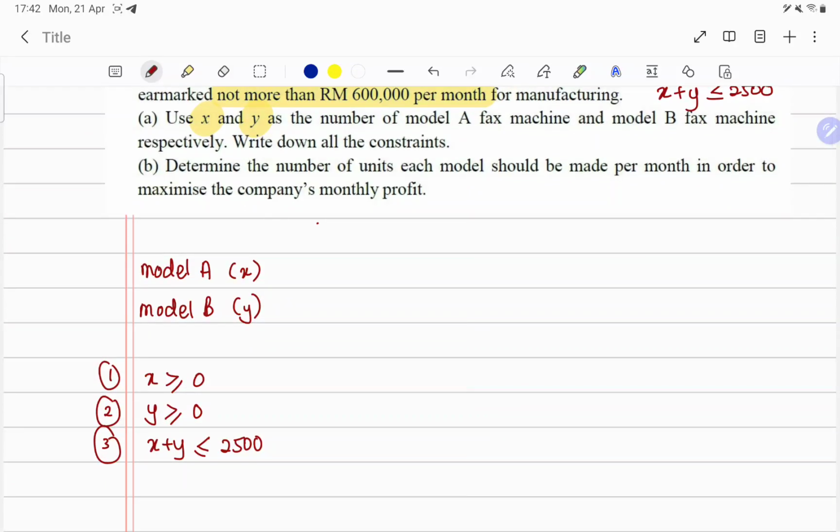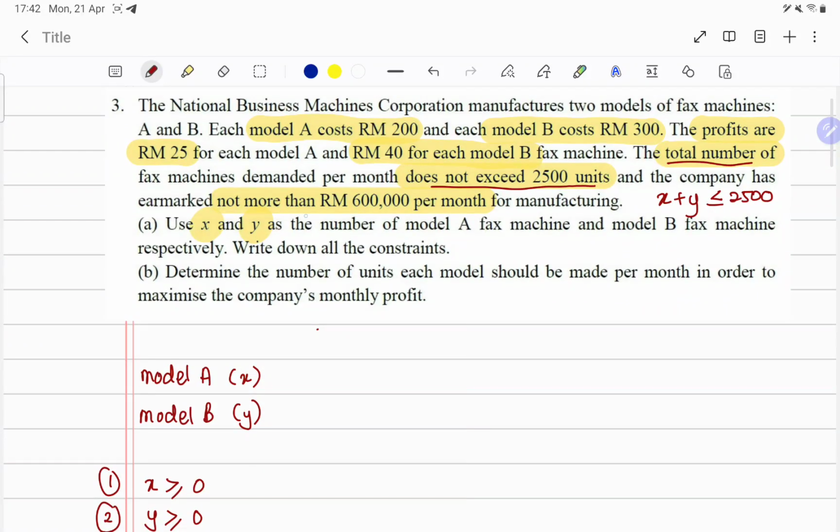Then the next one we have is, they told us that the income or earmark, which means our monthly income, not more than 600k, which means we have cost for each model, right? Model A is equal to 200, the cost, and then for model B, we have 300 cost.